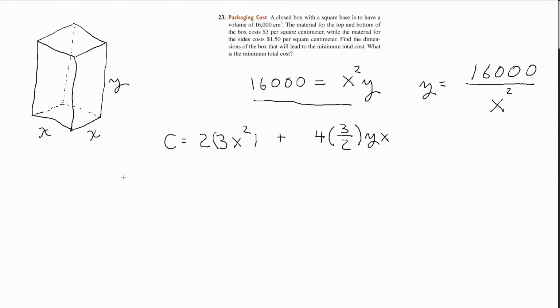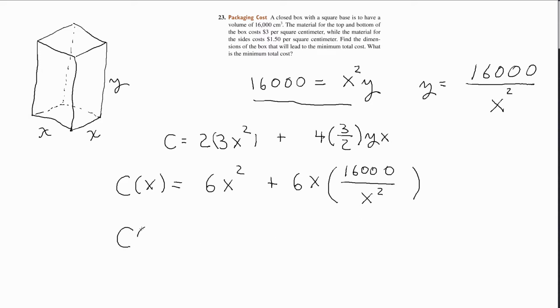Now let's substitute that in there and see what our cost function is. So our cost as a function of x is equal to 6x squared plus 6 times x times, for y I'm just going to plug in 16,000 divided by x squared.